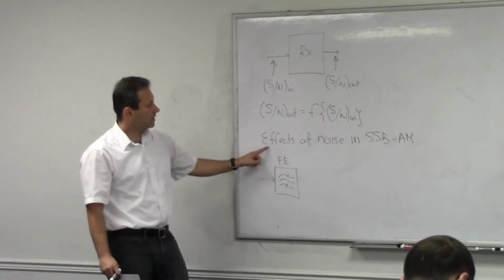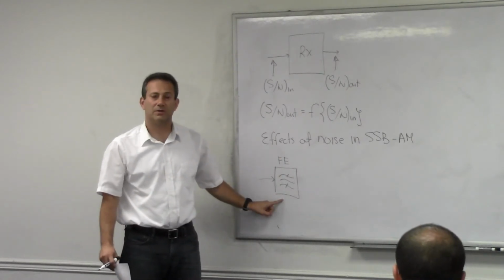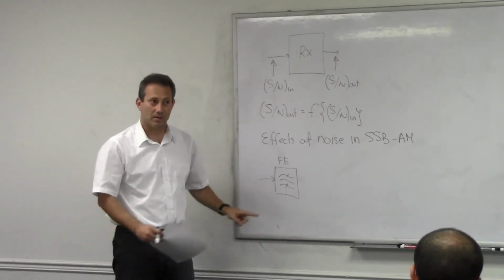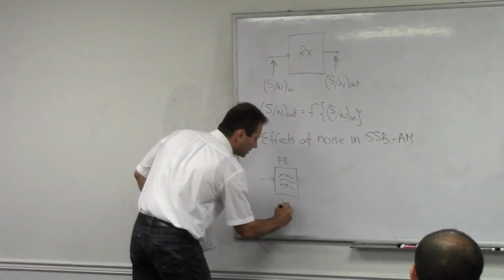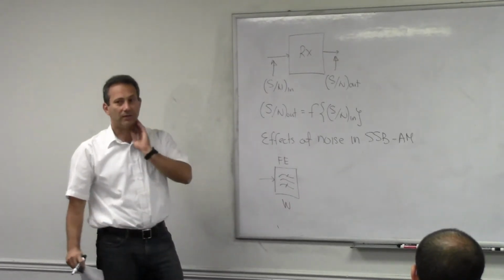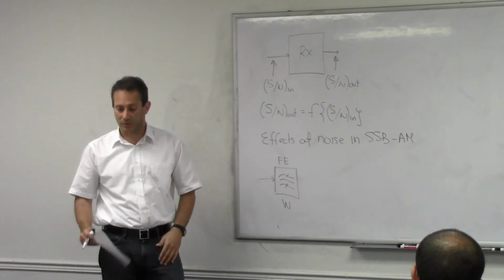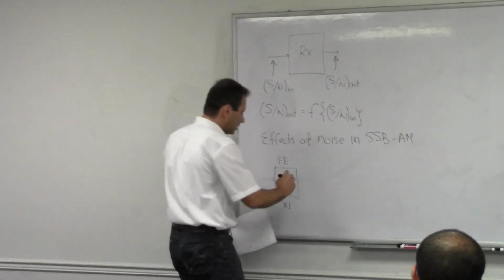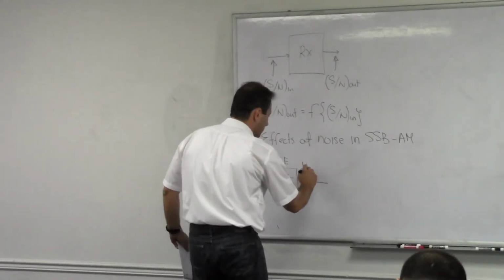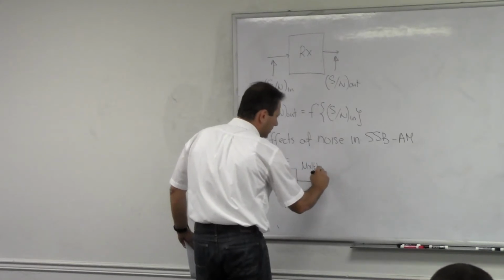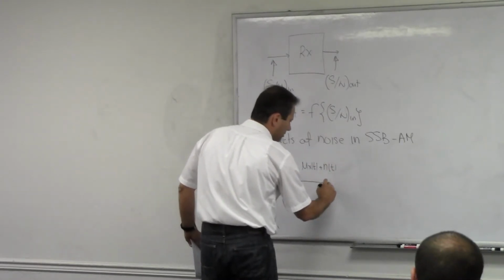Now, in a single sideband AM, what is the bandwidth of this filter? W, right? Because only W, because now single sideband has half of the bandwidth that you need for a double sideband. And here is where I have my u(t), my modulated signal, and the noise coming in as well.